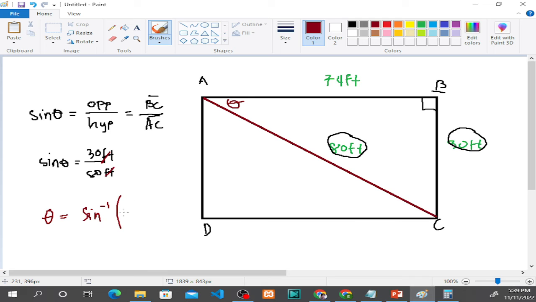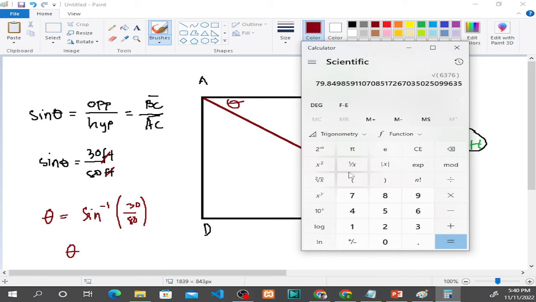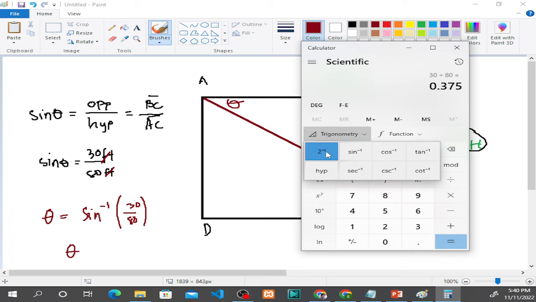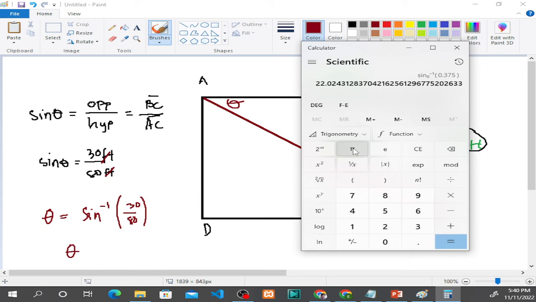And then that's gonna be 30 all over 80. Let's bring in the calculator. So you first divide 30 all over 80, and then you click the trigonometry second function, sine.